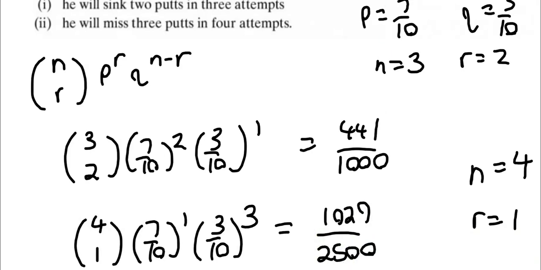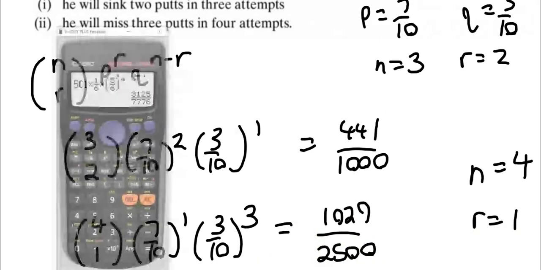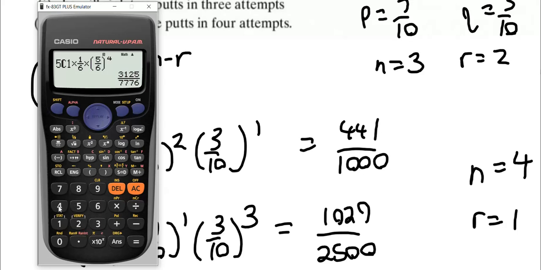Just checking out a different way of doing it. I'm going to do 4 choose 1, 4C1, 7/10, multiplied by, and then multiply that by the power of.